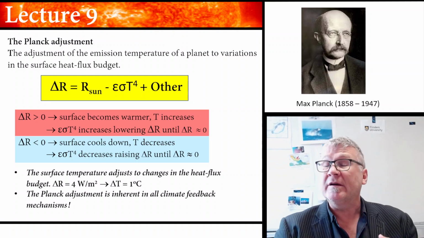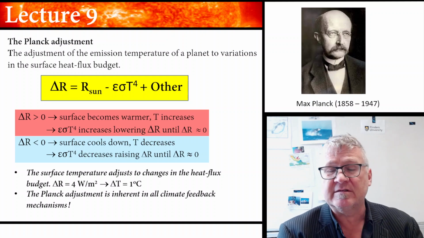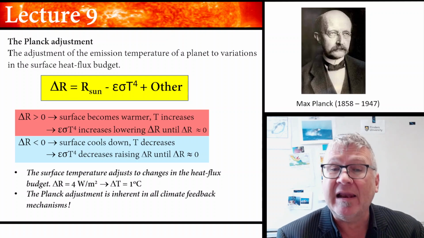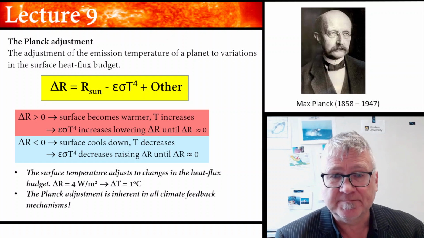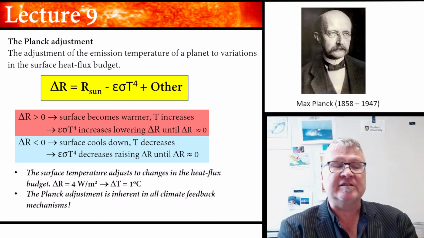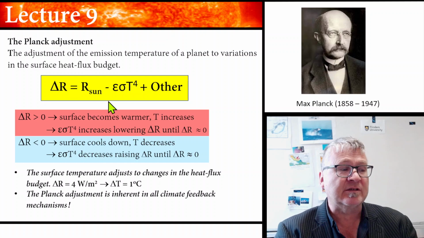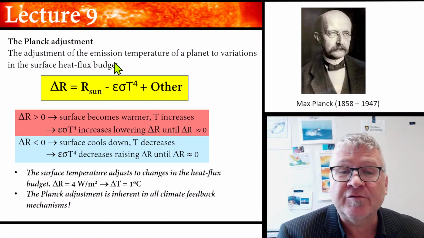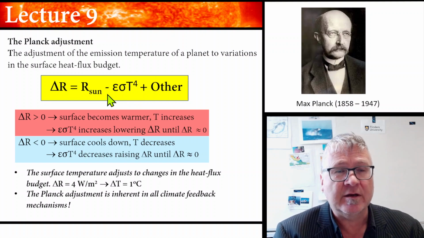And we assume it in the following. We assume that the temperature always adjusts to achieve a balance of the heat fluxes. Okay? And I just say it one more time. This Planck adjustment only exists because you have that counteracting process of terrestrial radiation, which turns up with a minus sign in this equation.